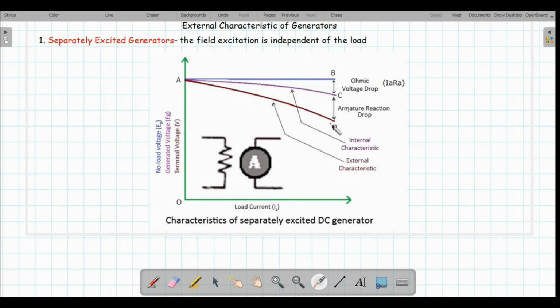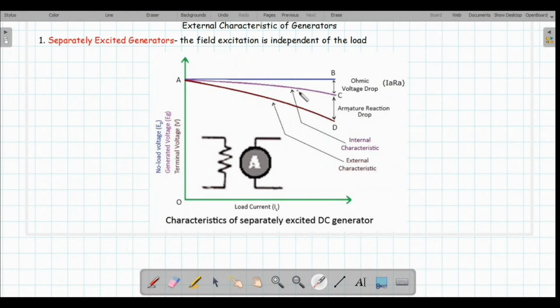Ang pinakikita sa graph na ito kung paano bumababa. Kasi ang pinaka-ideal, syempre, nandito. Dapat nandito. Kaya lang, bumababa ng bumababa, dahil sa mga factors na to: ohmic voltage drop, armature resistance drop, at armature reaction.